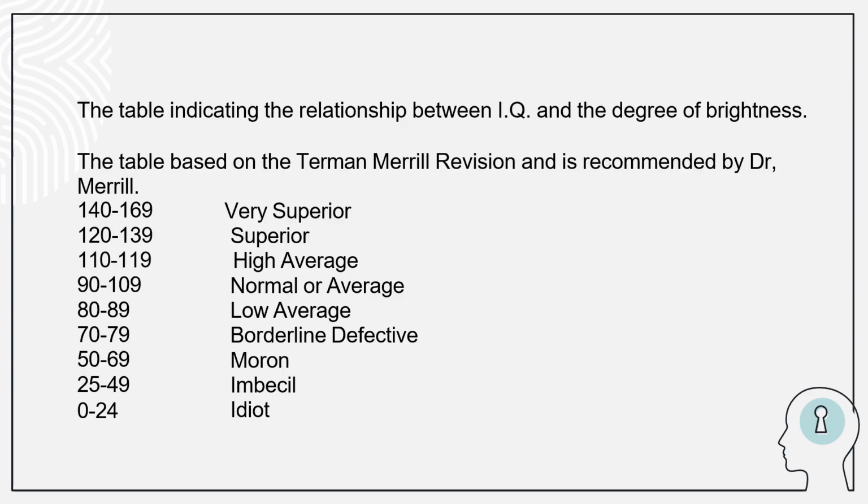For example, the standardization that has been done: 140 to 169, we say, is a very superior IQ. 120 to 139 is superior IQ. 110 to 119 is high average. 90 to 109 is where we say the normal or average IQ lies. 80 to 89 is low average. 70 to 79 is borderline defective. 50 to 69 is moron. 25 to 49 is imbecile, and 0 to 24 is idiot.